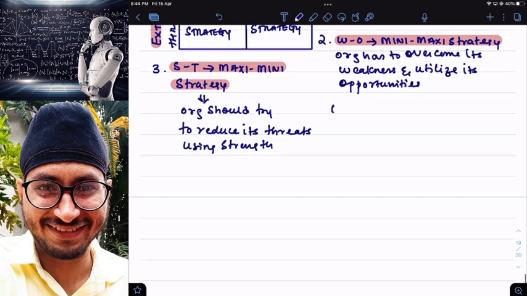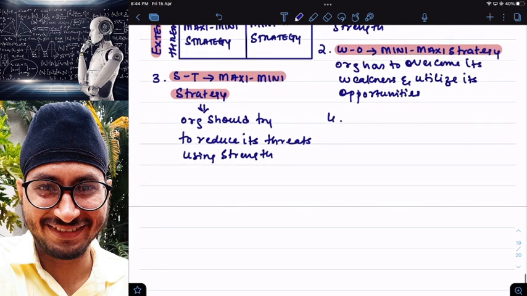This is called what? ST. And the last one we have is WT, that is the mini mini strategy. Clear? Now, in the mini mini strategy, what is going to happen?